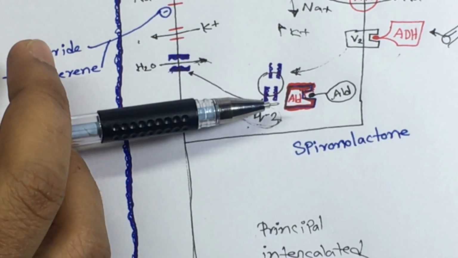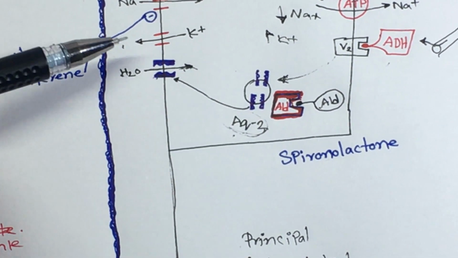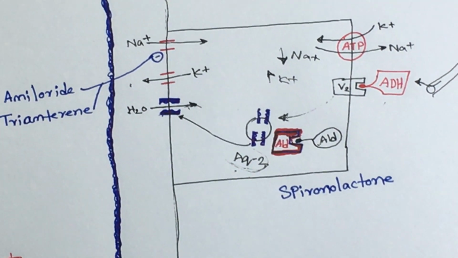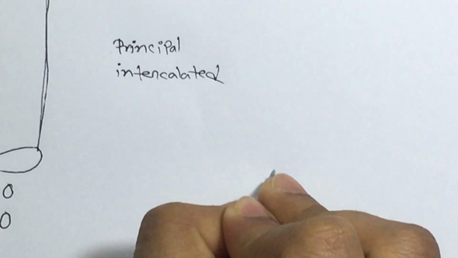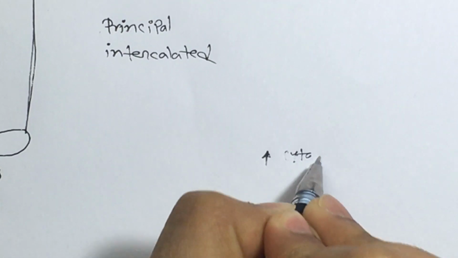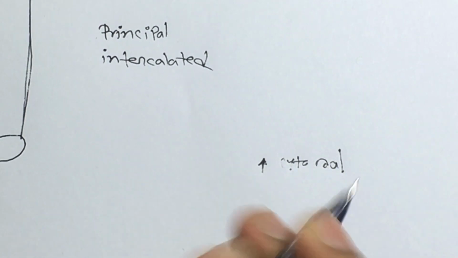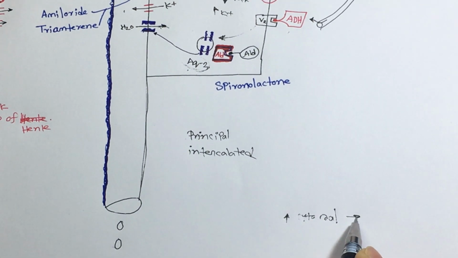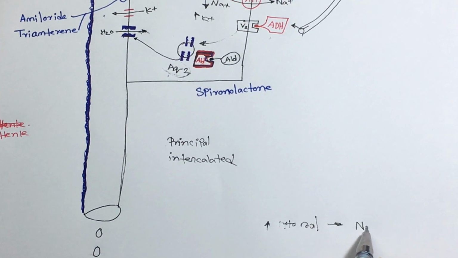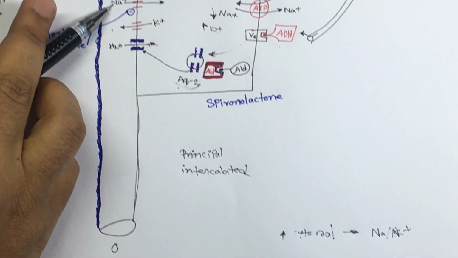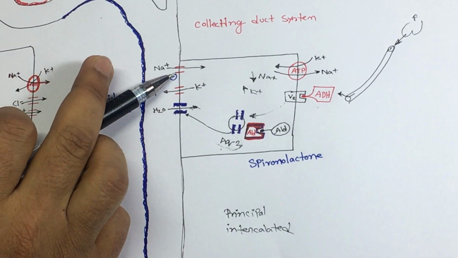We will see how aldosterone works on these principal cells. We know that the aldosterone receptor is present in the cytosol. When aldosterone binds on this cytosolic receptor, it will synthesize more sodium potassium ATPase, and this sodium channel is called ENaC.